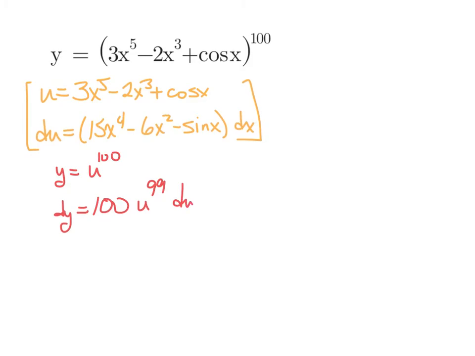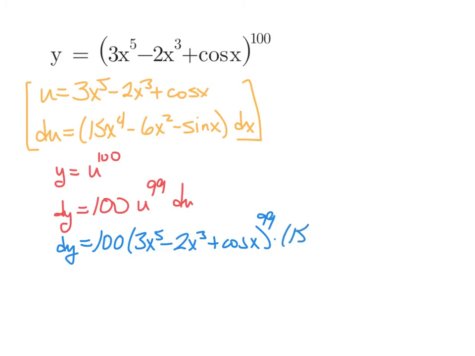Now that we have the differential of y, we can rewrite that in terms of x. So we know u was that inside part, the 3x to the 5th minus 2x cubed plus cosine x. We'll take that to the 99th power and then multiply by the differential of u, which was 15x to the 4th minus 6x squared minus sine x dx.